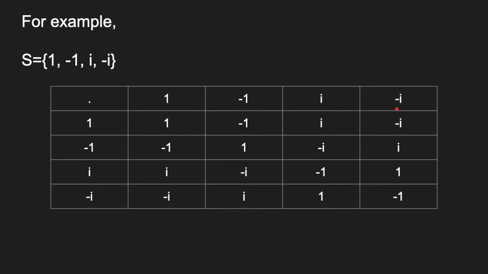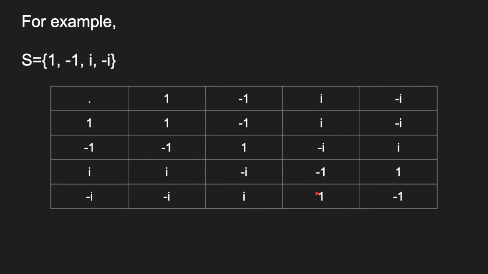Now same way, see here i and i, we know that i into i is i square, that is minus 1, so here the entry is minus 1. Similarly, minus i into minus i is i square, that is minus 1. Same way, minus i into i is minus i square, and i square is minus 1, so the entry is 1.